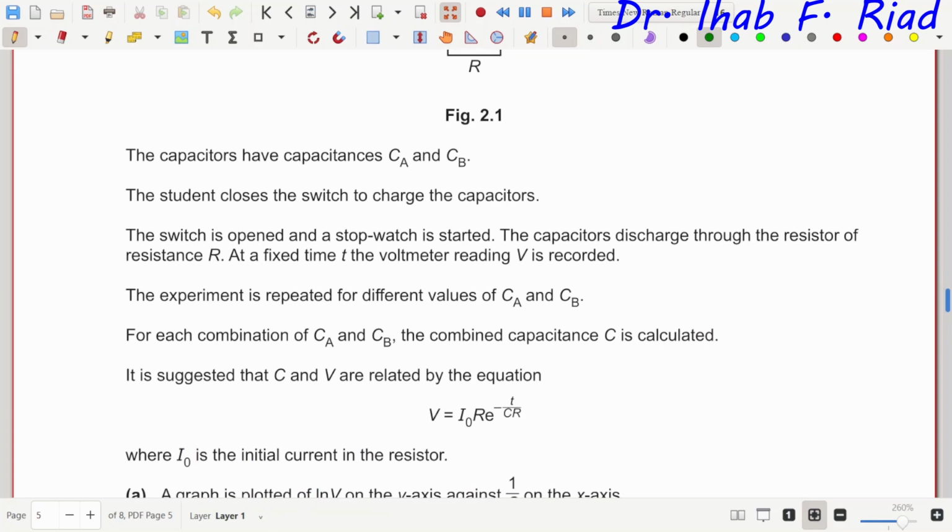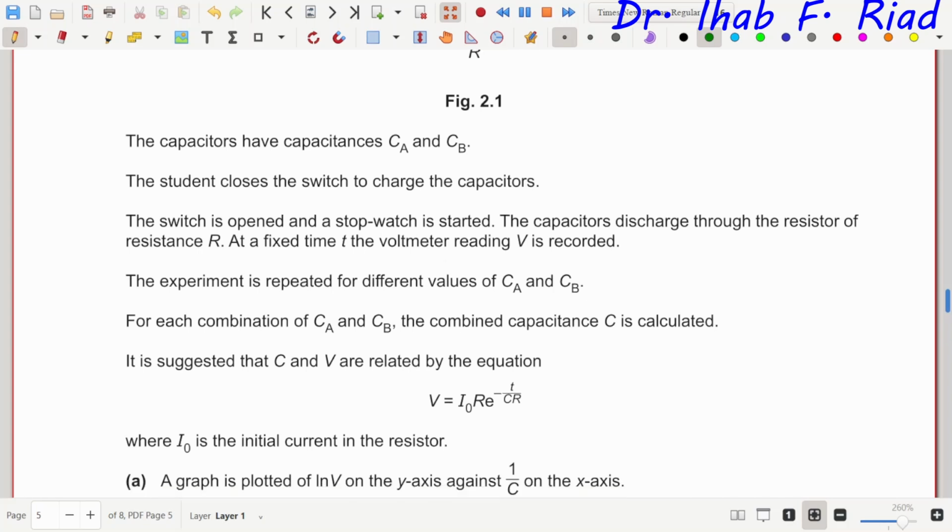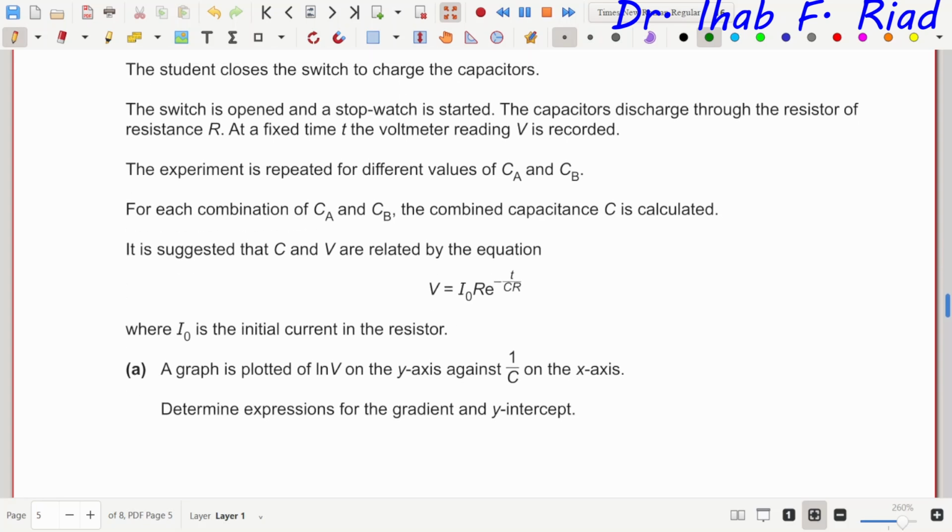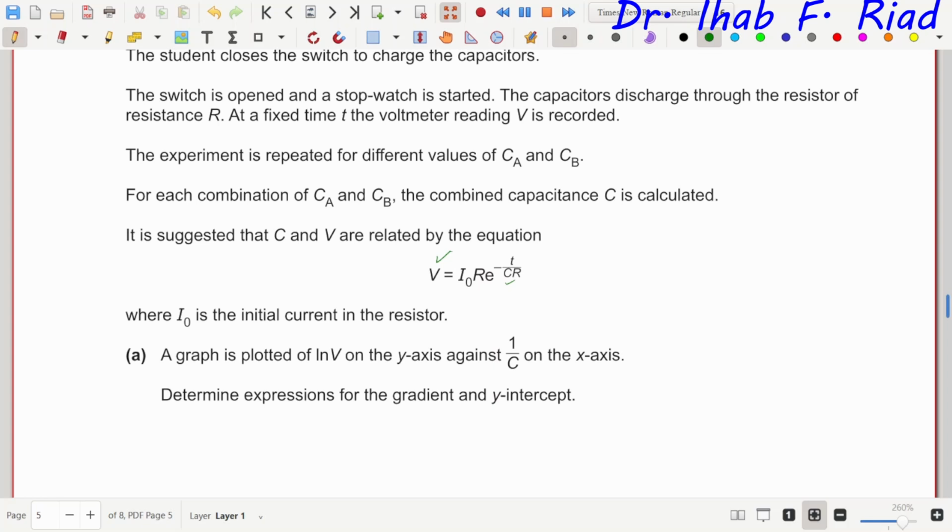Okay, the experiment is repeated for different values of CA and CB. For each combination of CA and CB, the combined capacitance is calculated, which is C. It is suggested that C and V are related by this relation, where I is the initial current in the resistance.